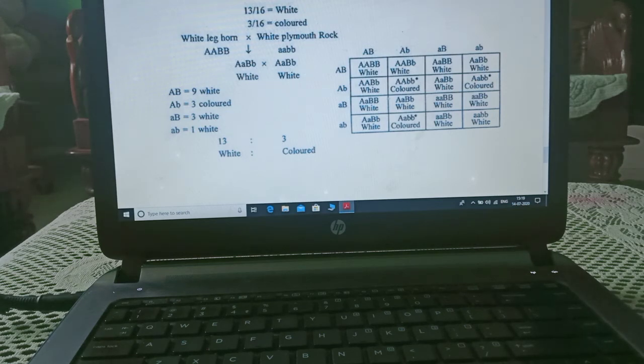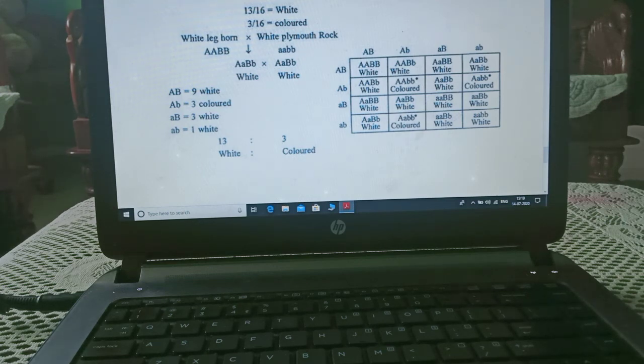They both were crossed. It is also a dihybrid cross, but the result is different. As you can see, 9, 3, 3, 1 means 9 white, 3 colored, 3 white and 1 white.